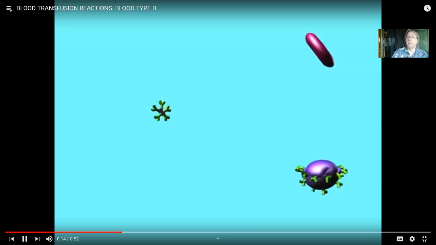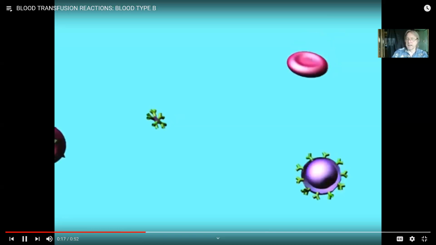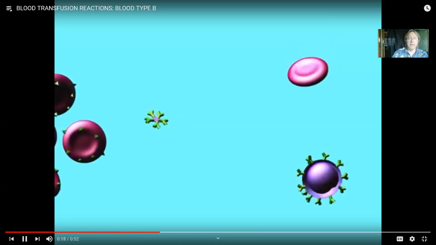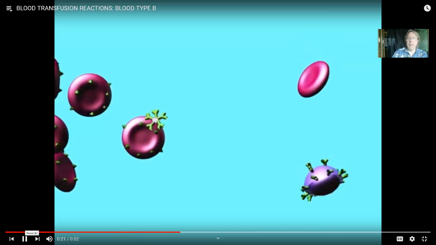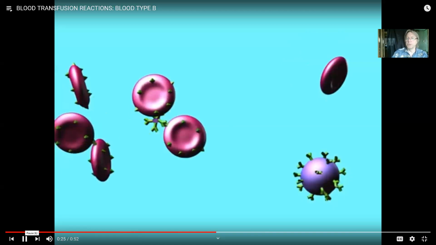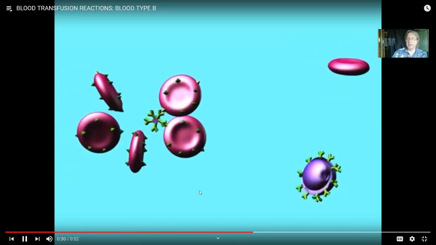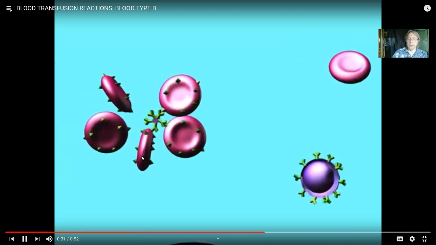Now, if this person who's blood type O and who makes these anti-B antibodies were then to get blood type B as a transfusion, that's bad, because look what can happen. You start to clump these cells together. These antibodies, they do clumping, and look at all the clumping that we're doing.